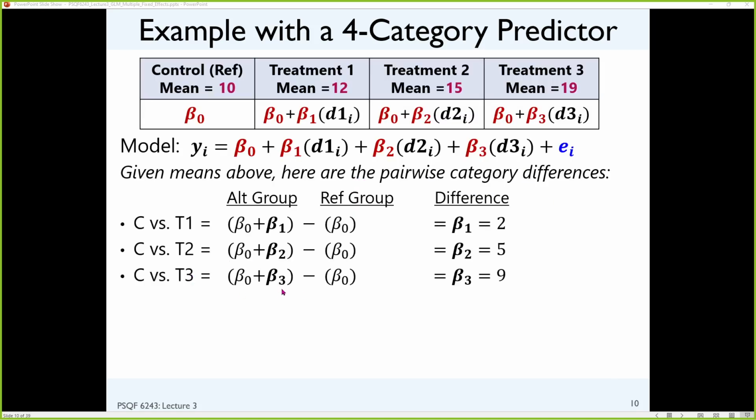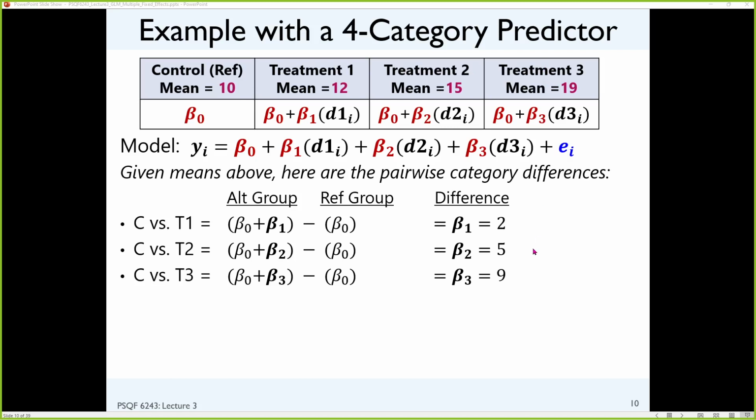Same thing for treatment 3. So each of the slopes then tells us how the alternative group that is targeted by that predictor differs from control. And in this numeric example, all the differences are positive because treatment was effective relative to control in each case.